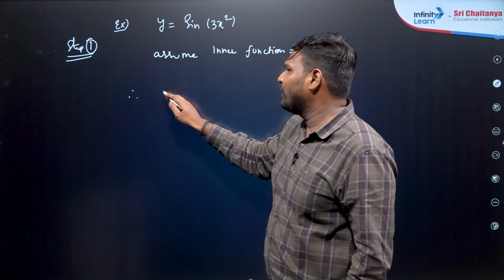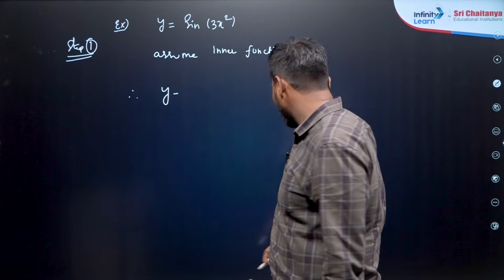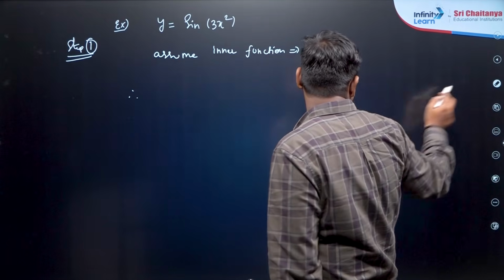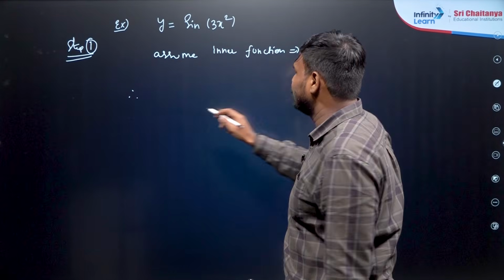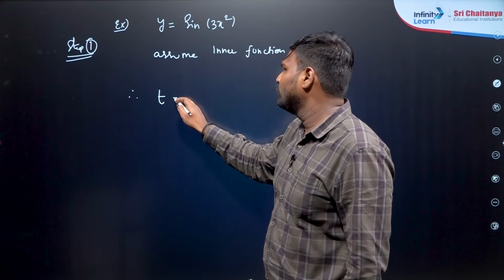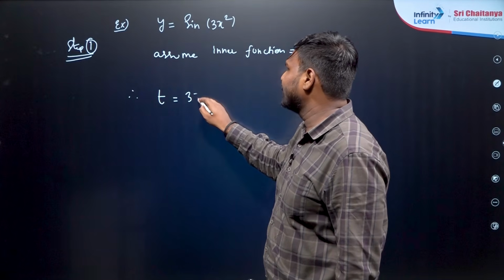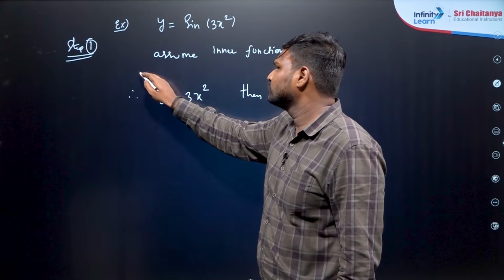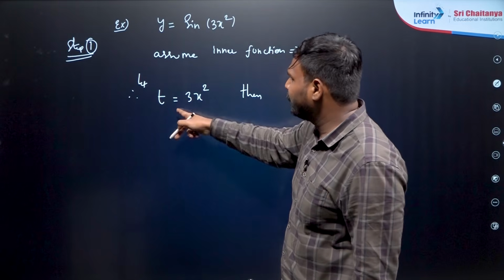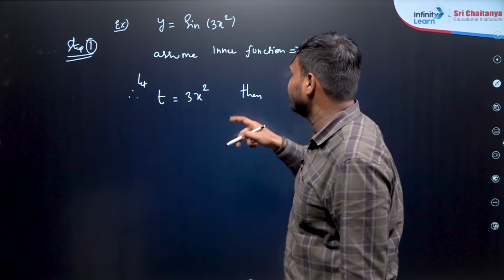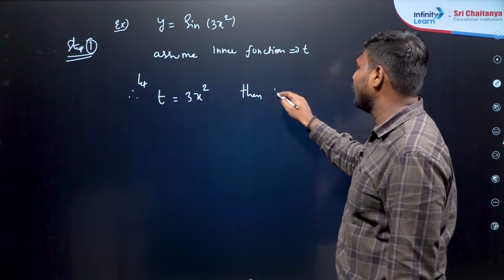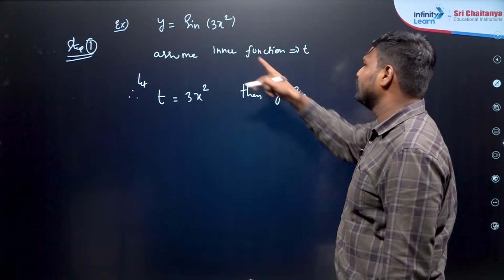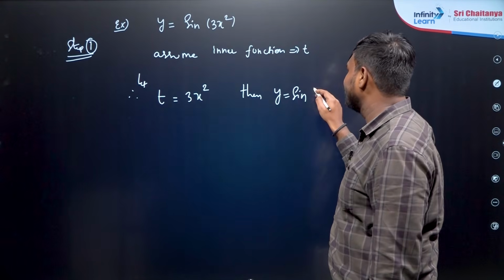So then what will happen? Inner function t is equal to 3x square. I am assuming the inner function as t. Then what will the outer function become? Sine of 3x square can be called sine t.